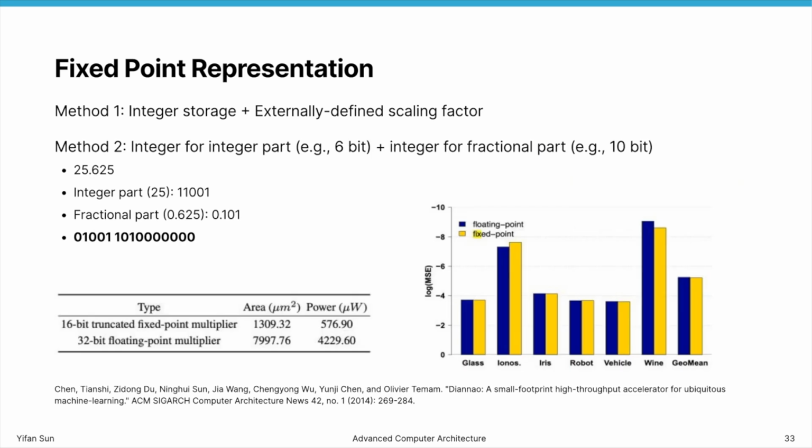Or we can use one integer to represent the integer part and another for the fraction part. Here, for example, we can use 6 bits to represent the integer part and another 10 bits to represent the fraction part. As you can see, using a fixed point number is not very different from the floating point number, but we can reduce the number of bits that we use to represent these numbers.